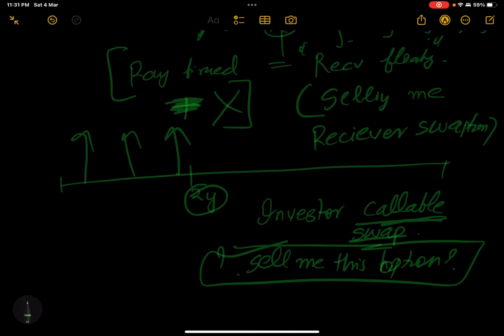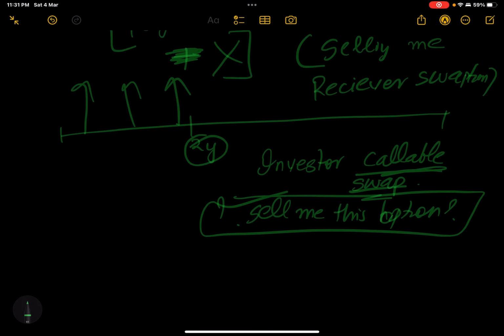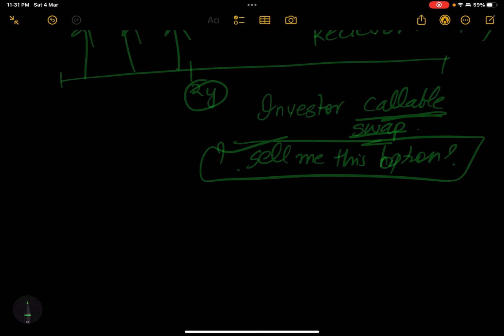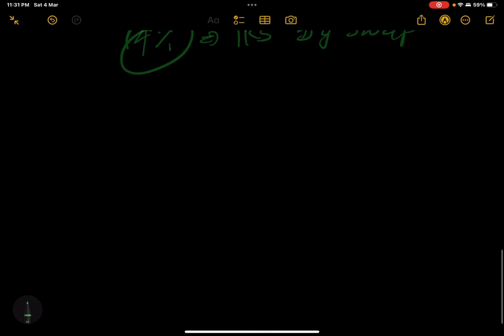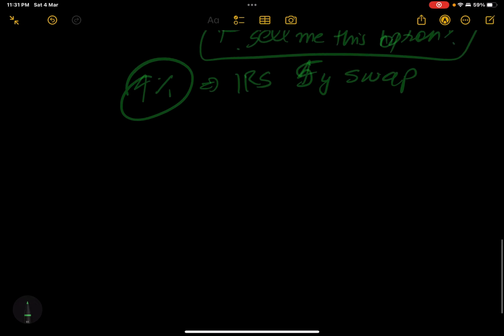So, to solve for this coupon, let's say it was a simple interest rate swap, not even with a contingent condition or equity or anything, and the interest rate was 4% in a normal IRS 5 year swap. This is what I know, right?